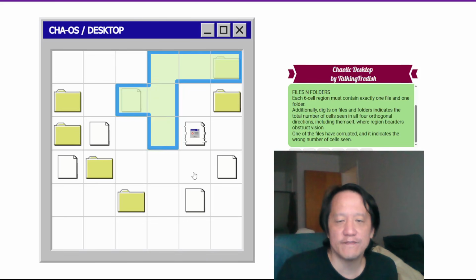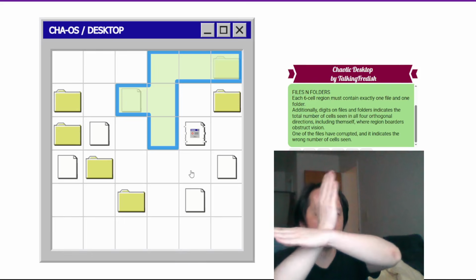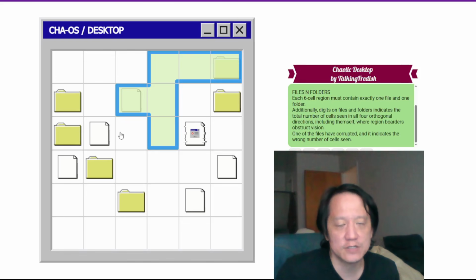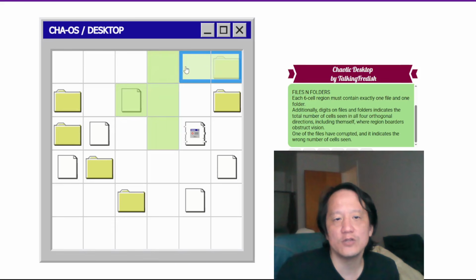Additionally, digits on files and folders indicate the total number of cells seen in all 4 orthogonal directions, which just means horizontal or vertical directions, including themselves, where region borders obstruct vision. So, for example, this would see 3 cells.